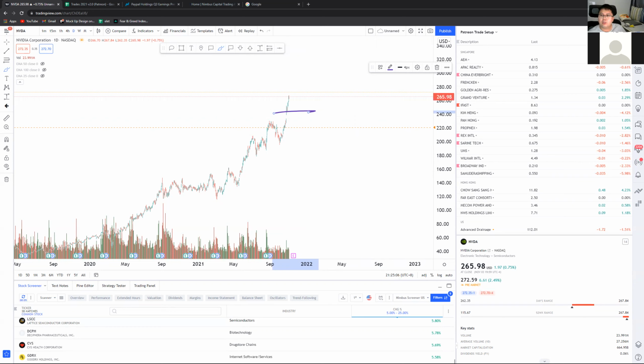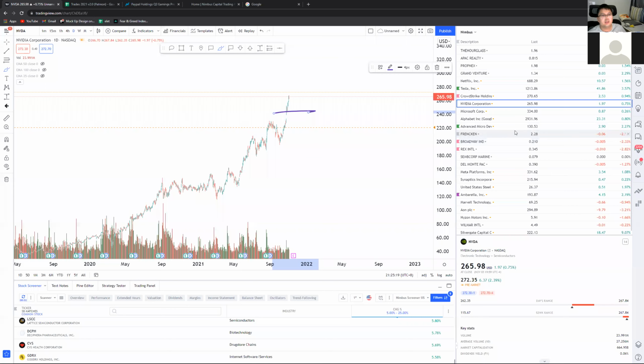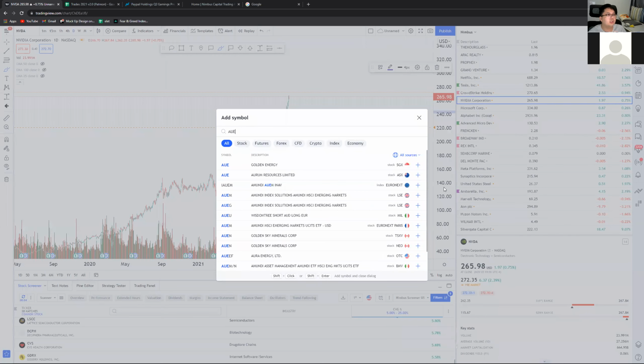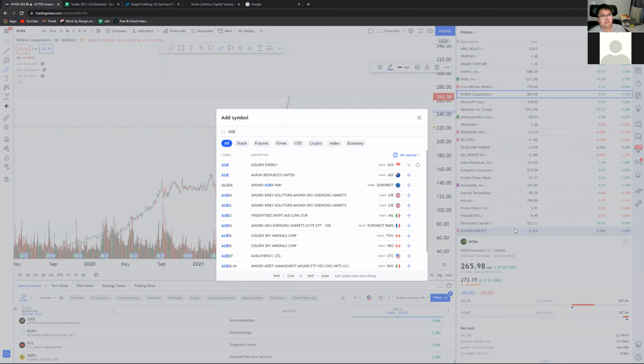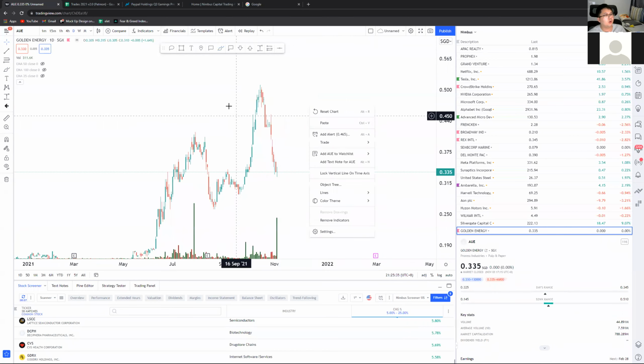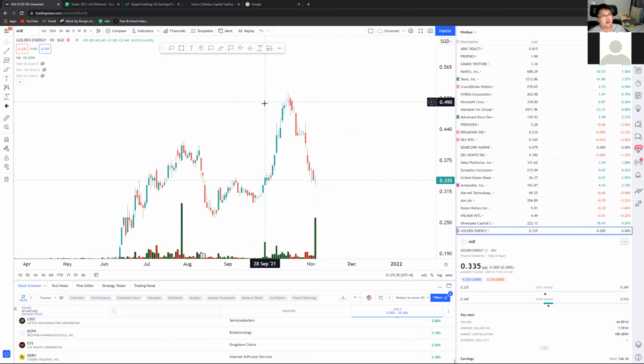Out of curiosity, for learning, for counters like Golden Energy, would you already close out the remaining trailing position? Okay, let's take a look at Golden Energy. Okay, if you want a clear-cut answer, if I have a position on this, it would have been stopped out already.